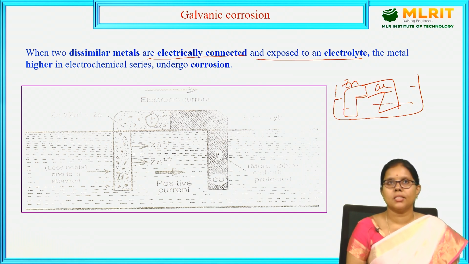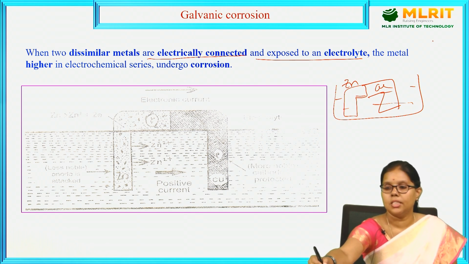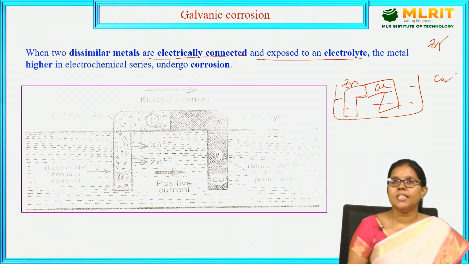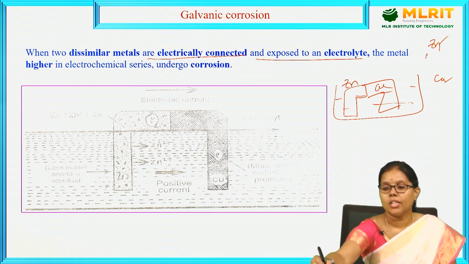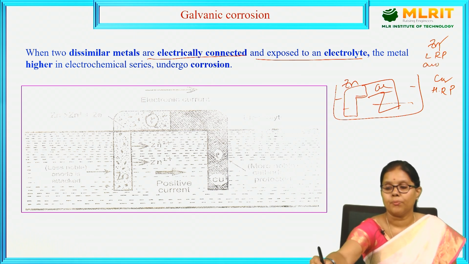electrochemical series undergoes corrosion. The metal placed higher in the electrochemical series acts as anode. If you take zinc and copper, zinc is at the top and copper below. Zinc has lower reduction potential and copper has higher reduction potential. The metal with lower reduction potential acts as anode.